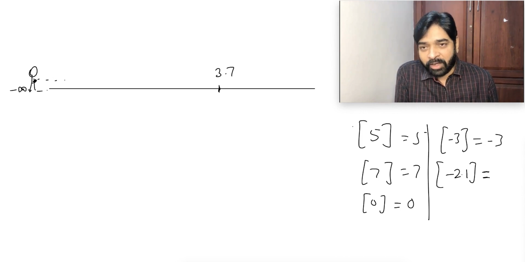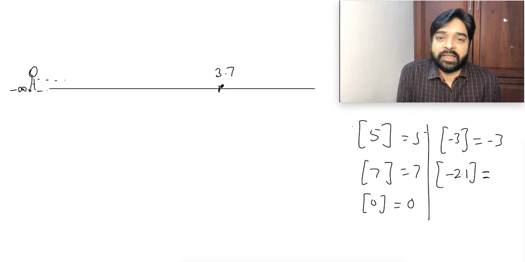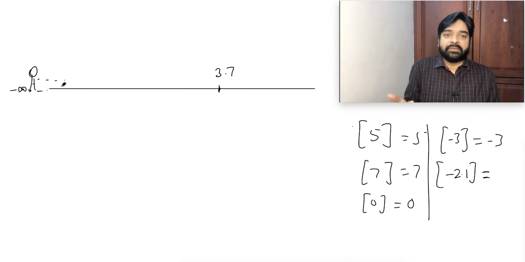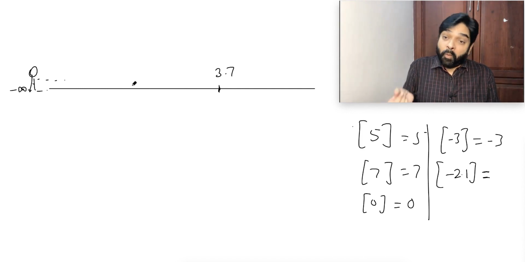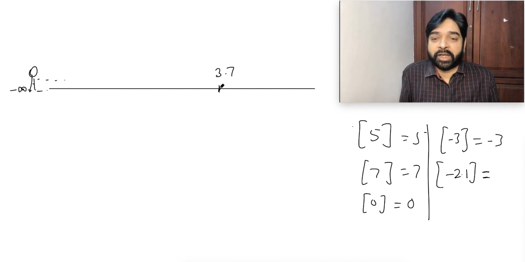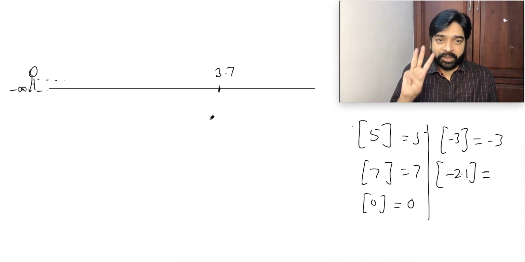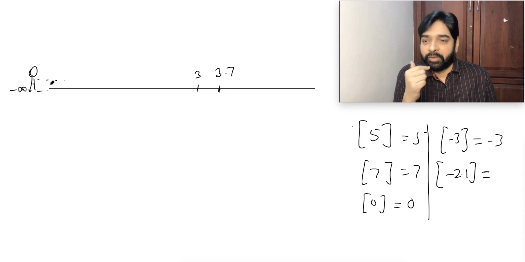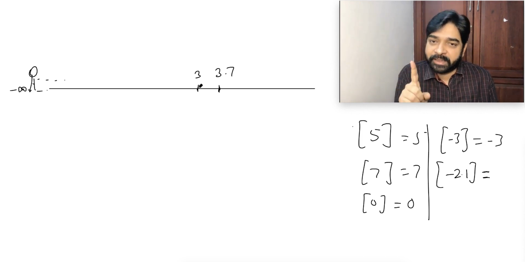If you start walking from minus infinity and reach 3.7, you will encounter so many integers on the path. What is the biggest integer you will encounter when you reach here? 3, because before this there is a 3.